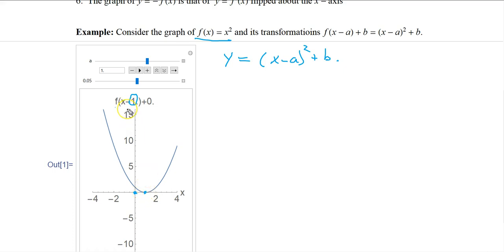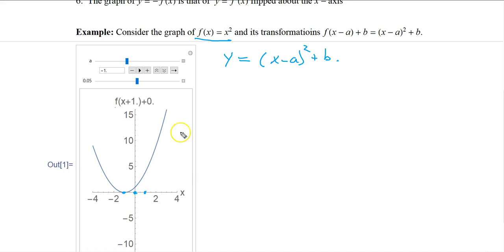On the other hand, if we do this, so now we actually are considering the graph of f of x plus 1. So now this a actually would be negative 1. Remember, minus negative 1 gives you a positive 1 here. Okay, so now this is actually shifted to the left by 1 unit.